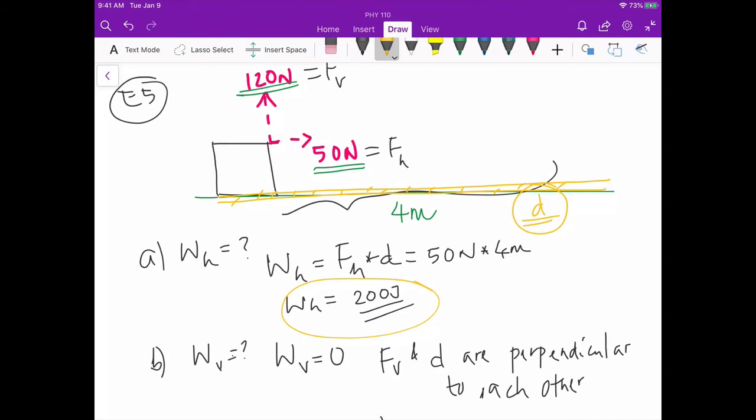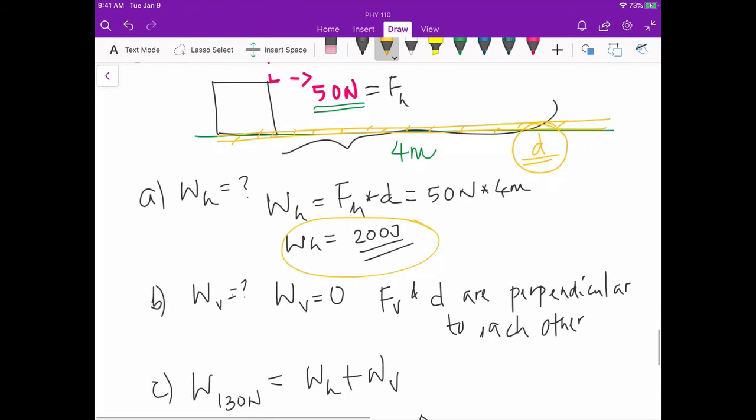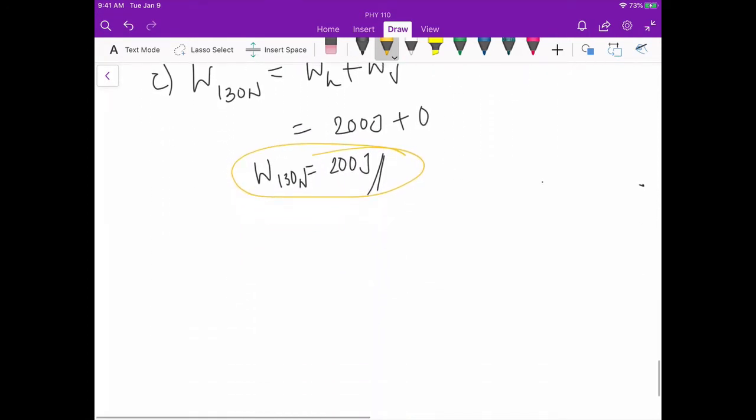So if the force is always perpendicular, does the vertical force do work? Of course it does.